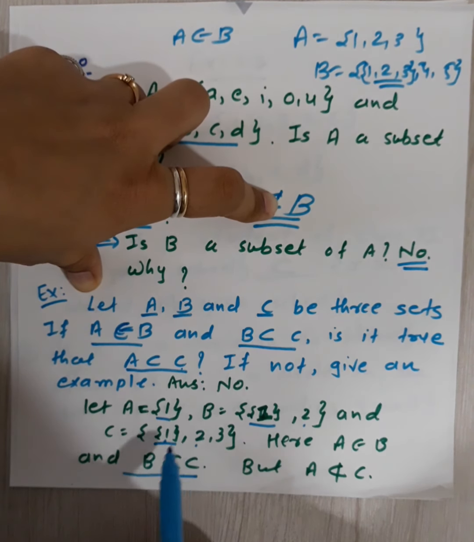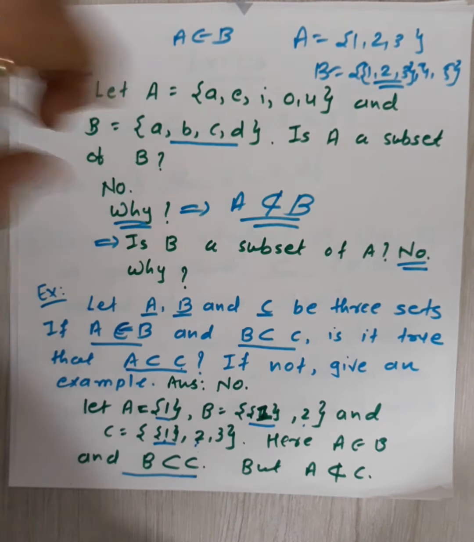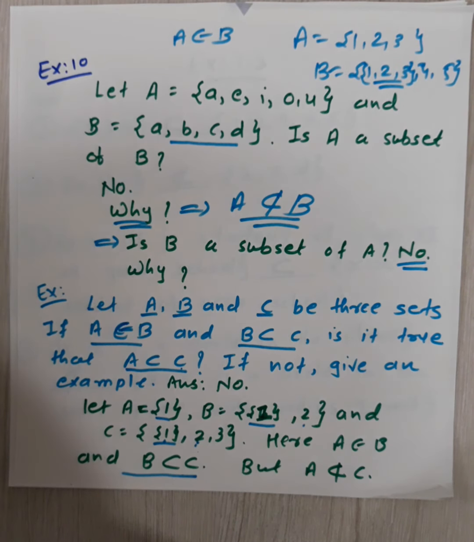Now see, is A a subset of C? A is 1 and C is equal to {1, 2, 3}. But A is not a subset of C. Why is it not a subset of C?